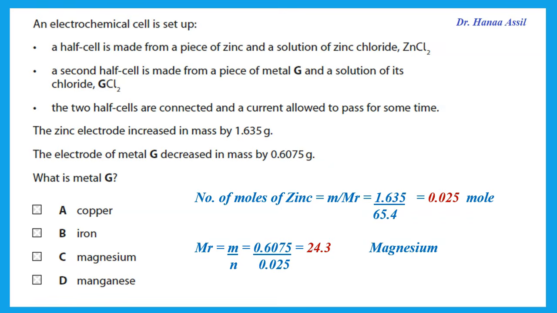I am given the change in mass, so I can calculate the Mr. The Mr comes to 24.3, and that means that I'm looking at magnesium.